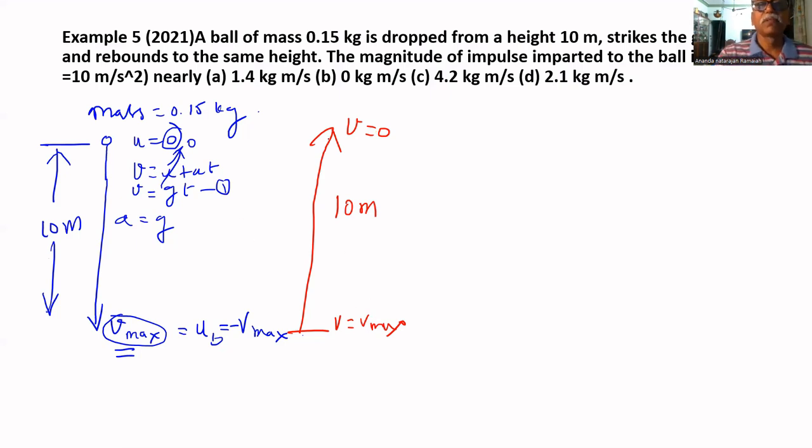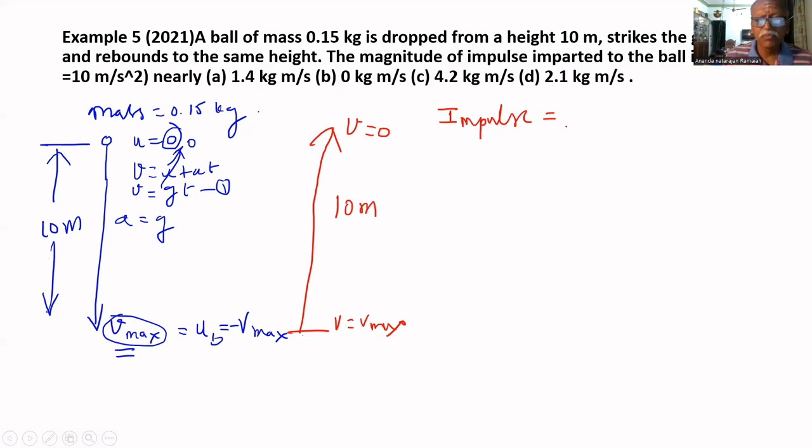This we got. So the magnitude of impulse imparted to the ball is asked. Impulse equal to change of momentum. An example for impulse is a hammer blow.